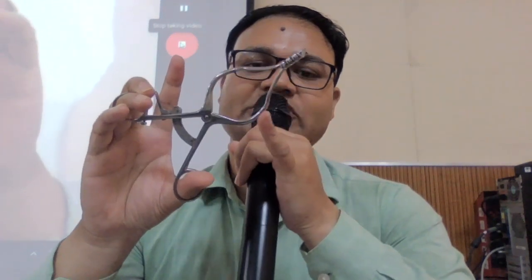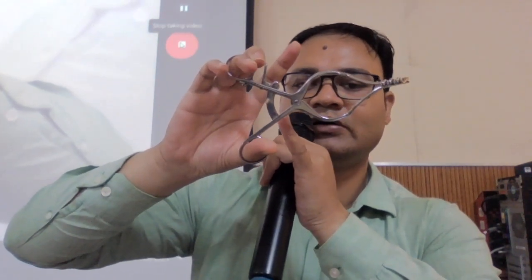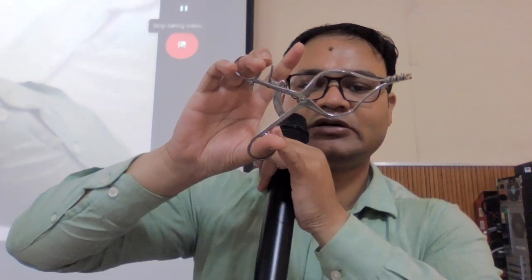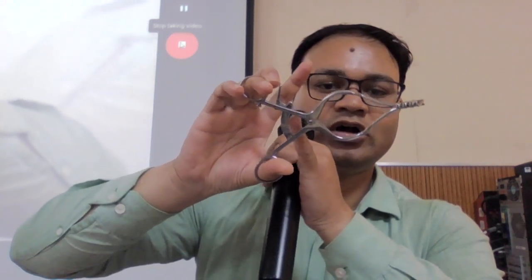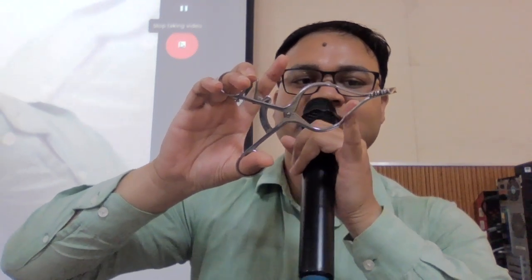So this is the shaft, this is the shank, this is the joint. Okay, this is the joint, this is the shaft, this is the lock or the ratchet, these are the blades.